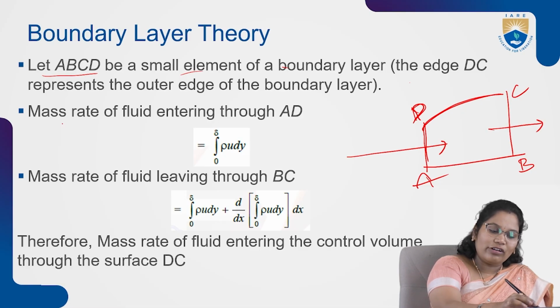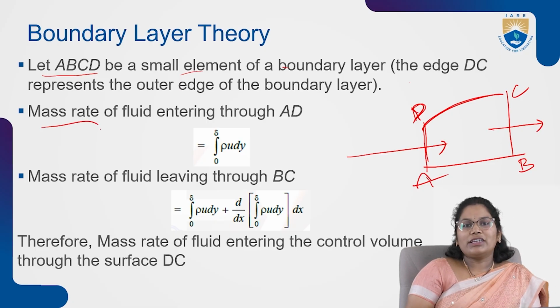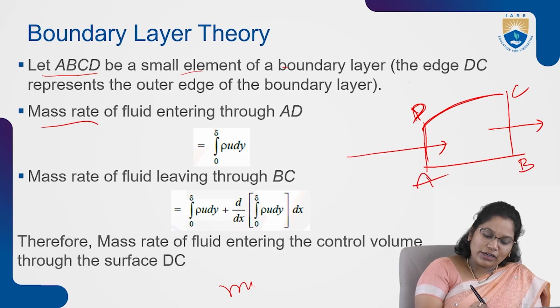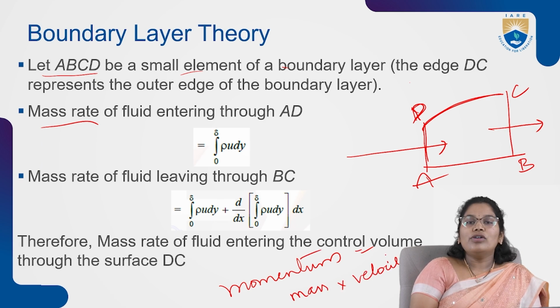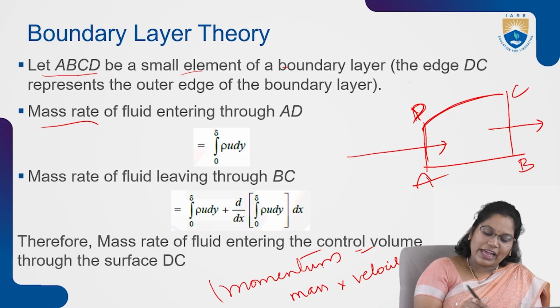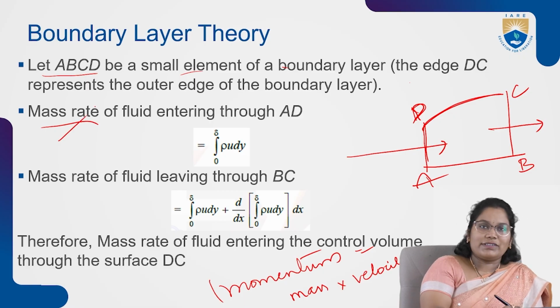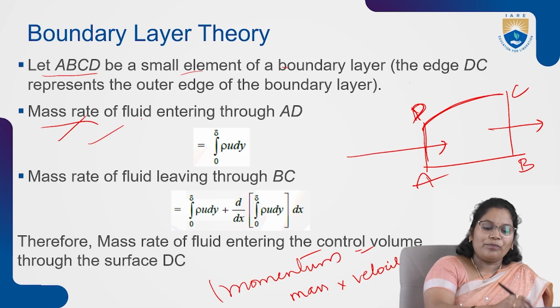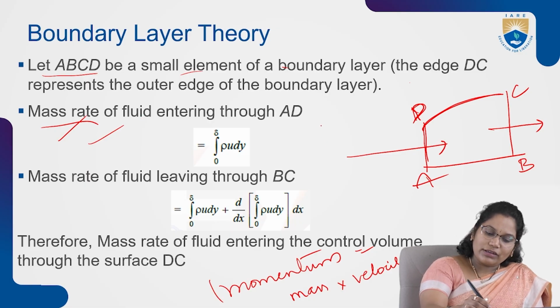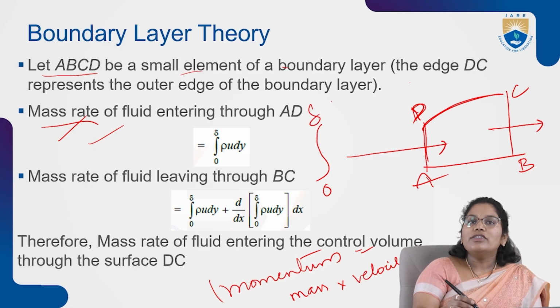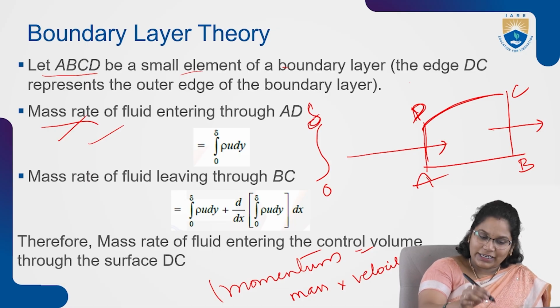So here we first calculate the mass rate, because momentum is mass into velocity. First we calculate the mass rate of fluid flow through AD, which is the integration from 0 to the boundary layer thickness delta.